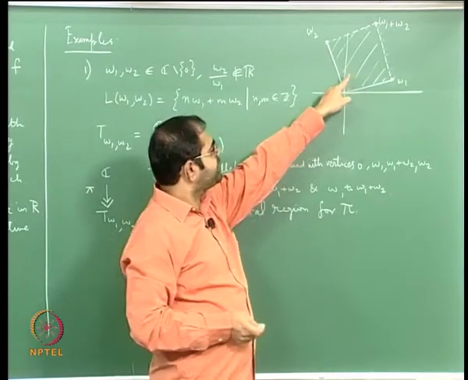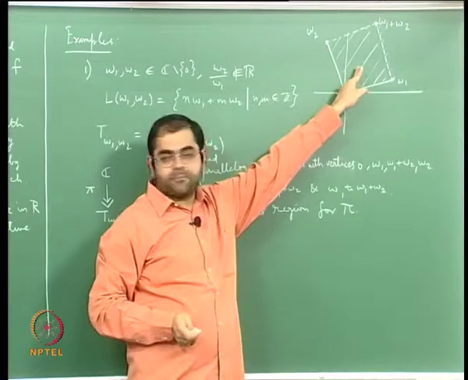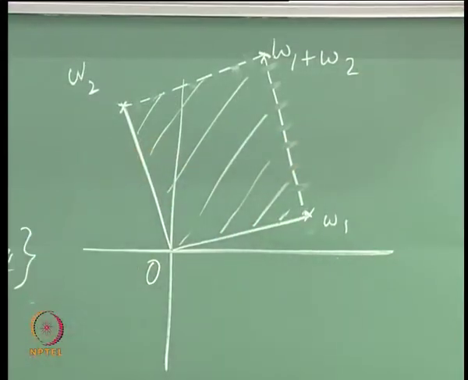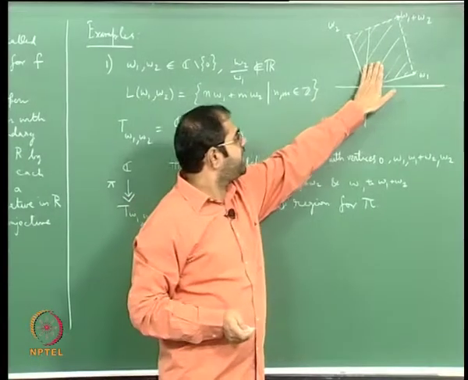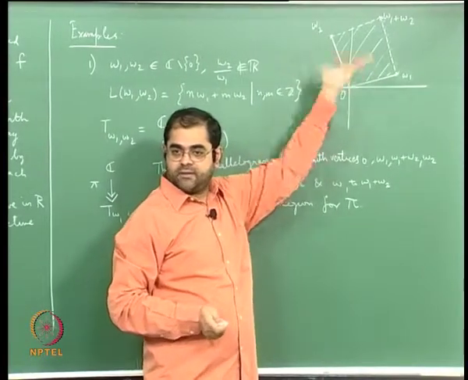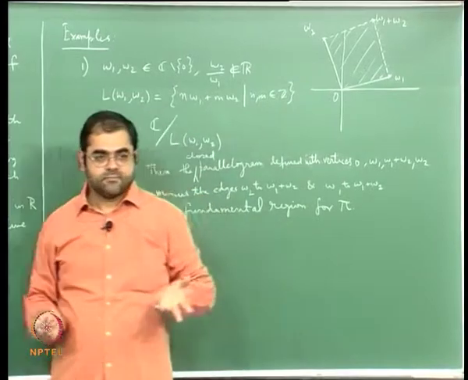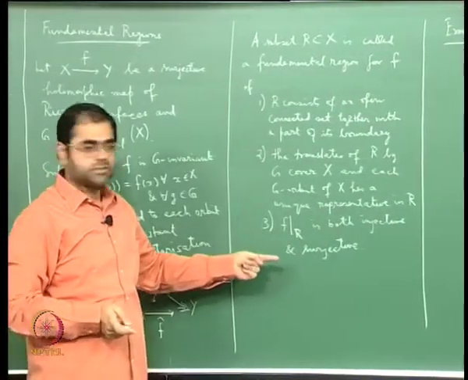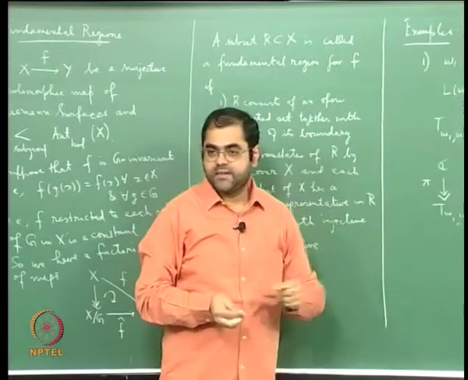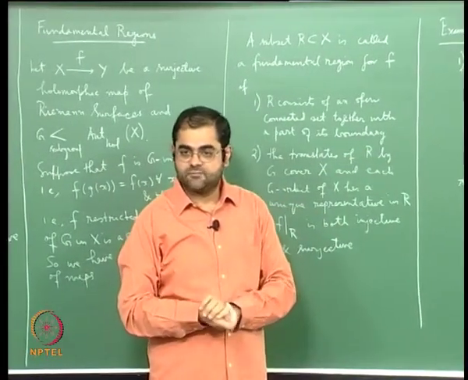The second thing is that the map restricted to this is both injective and surjective, and if I take translates of this by the lattice I will cover the whole complex plane. So all the three conditions are satisfied, and that is the reason why it is called the fundamental parallelogram.